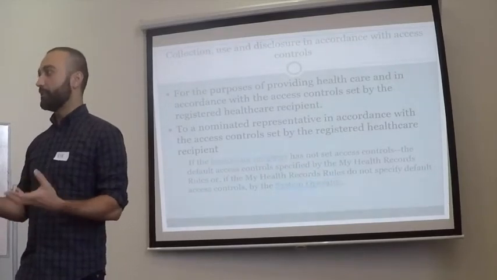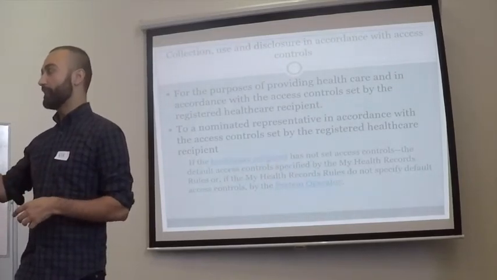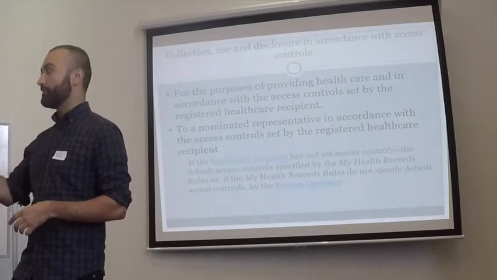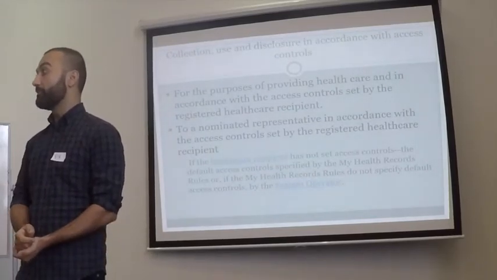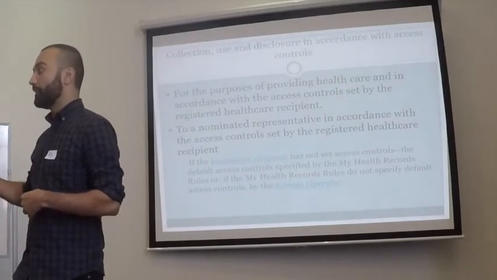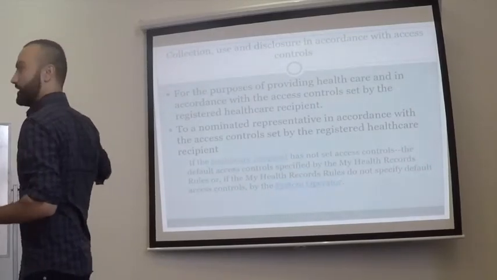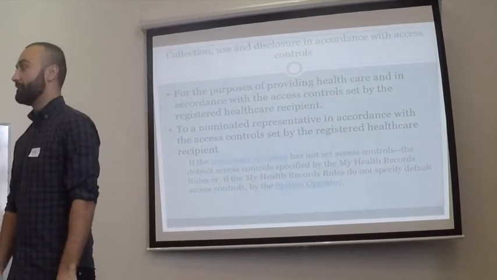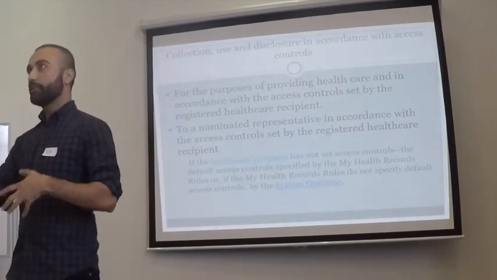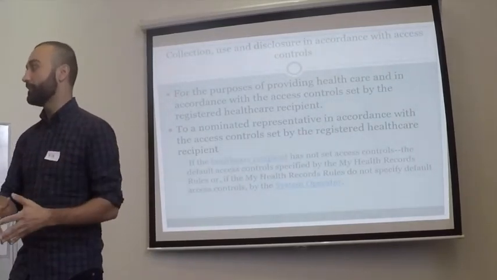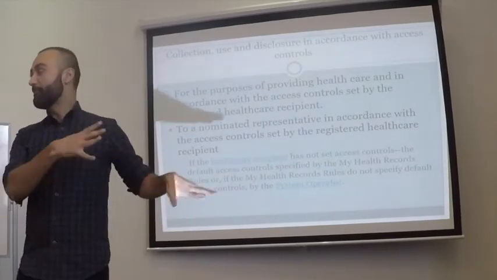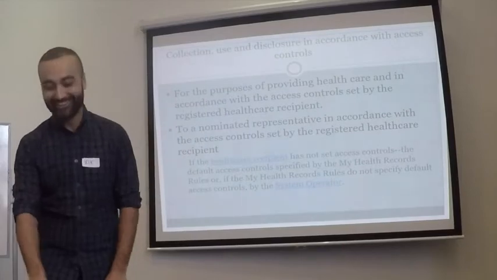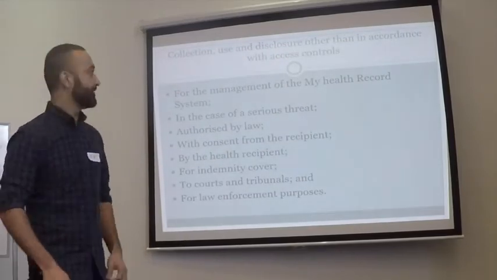So I think that the use, collection, and disclosure might encompass access. But I think there's different provisions for access that probably aren't in the scope of this presentation, but there's control levels of who can access what, and there's other provisions for that. But I haven't prepared for this presentation, so I'll take that on notice.